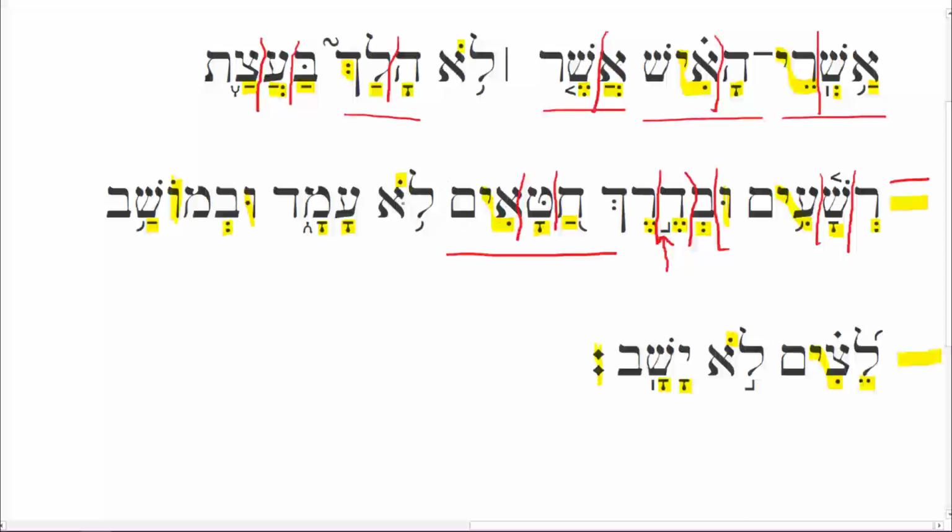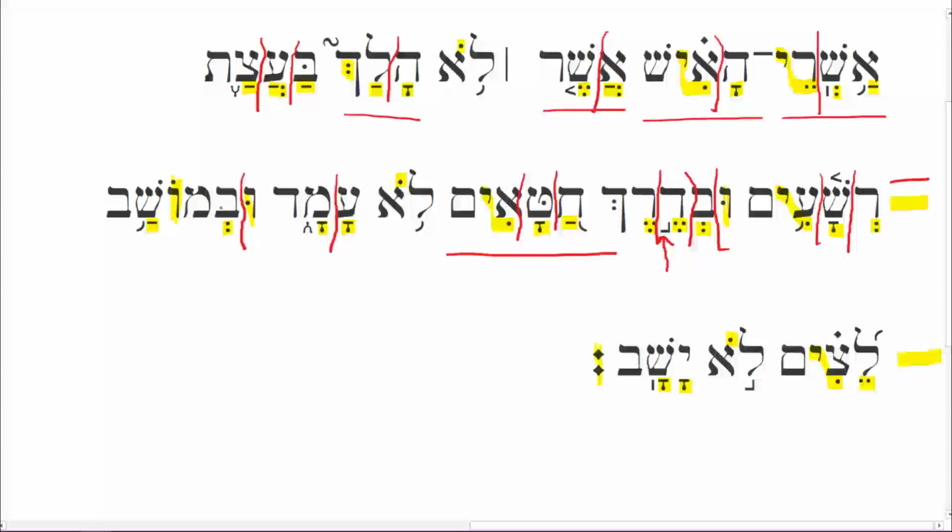Lo, one syllable word. And then we have amad, so we have first letter vowel, second letter, it's got its own vowel, so we divide before it, and then the word ends. This is similar to before. We divide after that initial shureq, and then this is always going to be a vocal schwa.